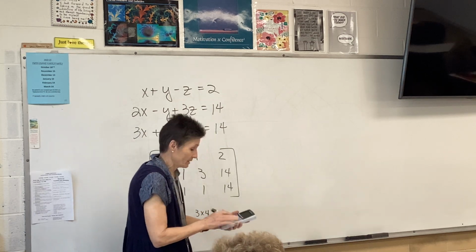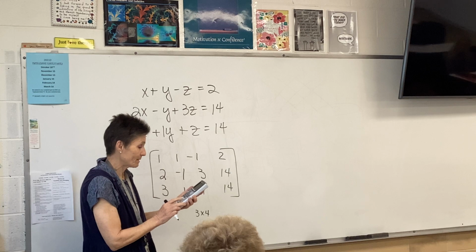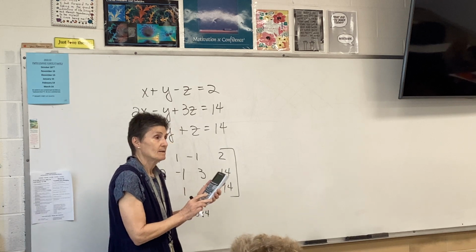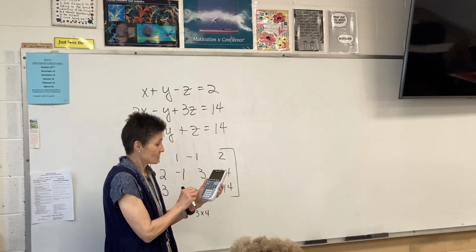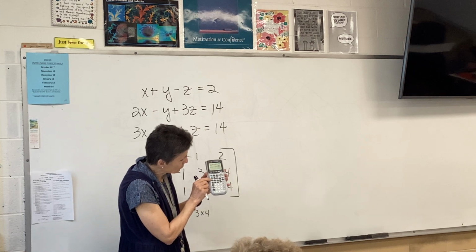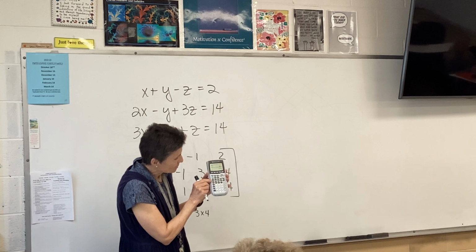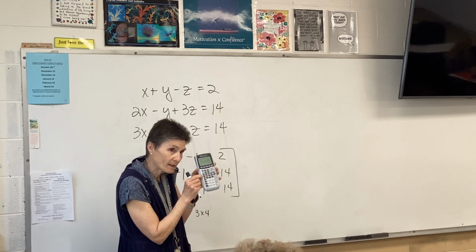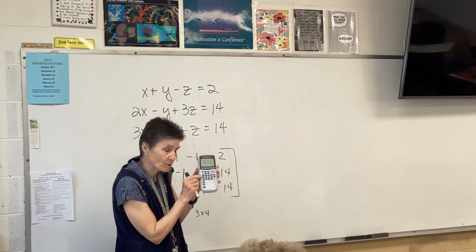So we're gonna go to our calculator. Everybody's gonna be typing along with me, right? If you look in your first column of buttons, right under your math button, you see the word matrix written there? That's your matrix menu.